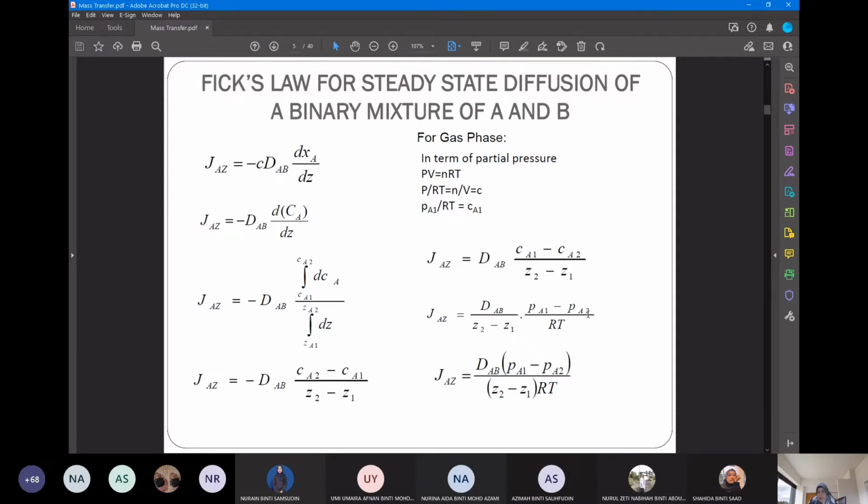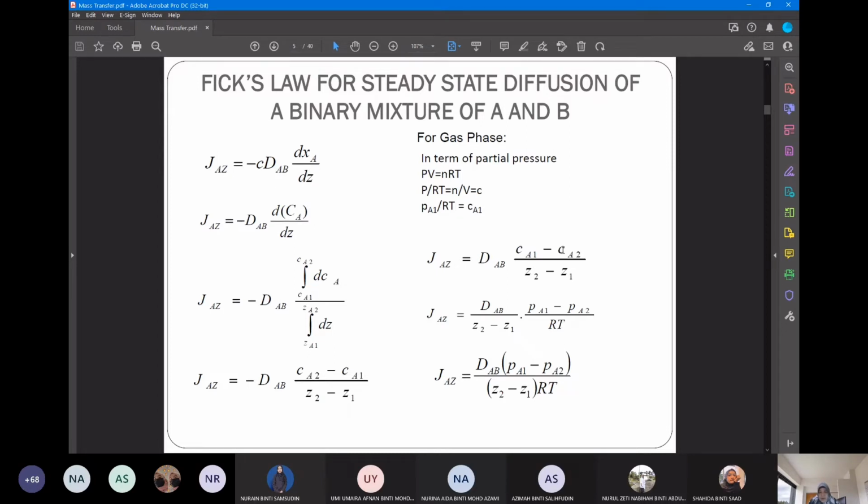If you want to use partial pressure, look at this equation, because you derive the partial pressure terms from the concentration terms. Basically, they are the same because the roots, where they begin, are the same.